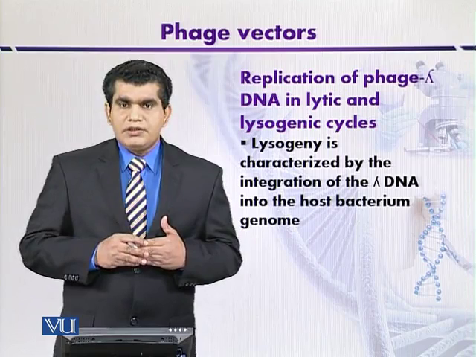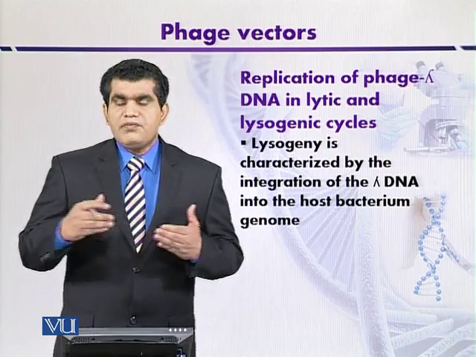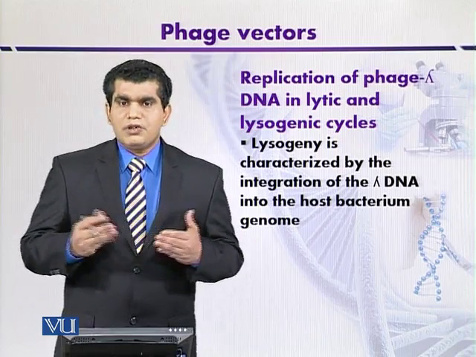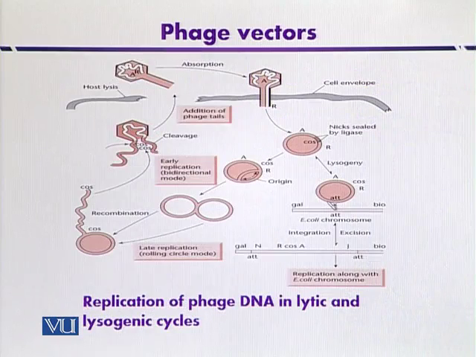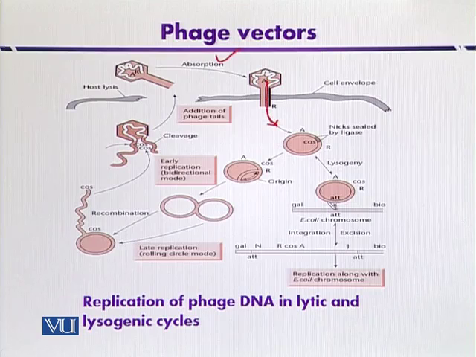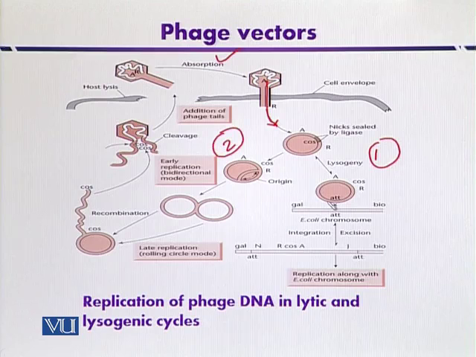So what is the situation after infection of the host organism by the lambda genome? We can discuss it in the form of a diagram. As I told you, after adsorption to the bacterial cell wall and injection of the lambda genome, there are two possibilities. The first is that it will enter into lysogeny, and the second is that it will enter into the lytic cycle.